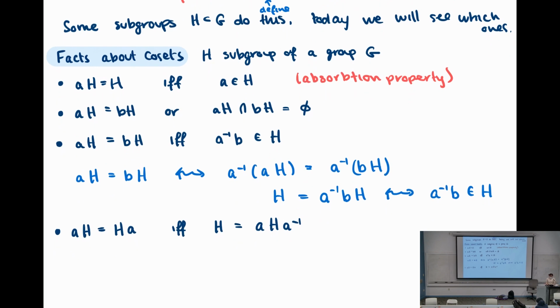So why is this true? If we have that aH is equal to Ha, then multiplying both sides by a inverse, I have the following. And this right-hand side is equal to H. So if I have aH equal to Ha, then aHa inverse is equal to H.